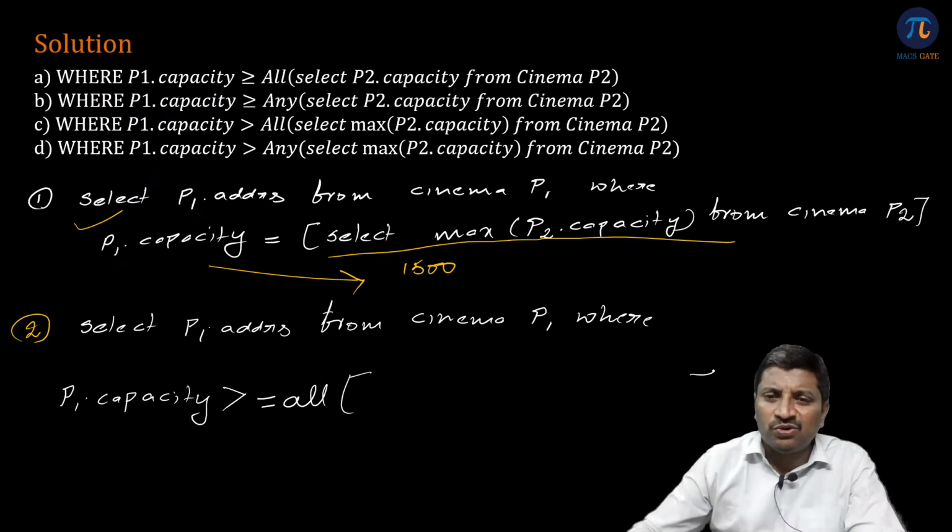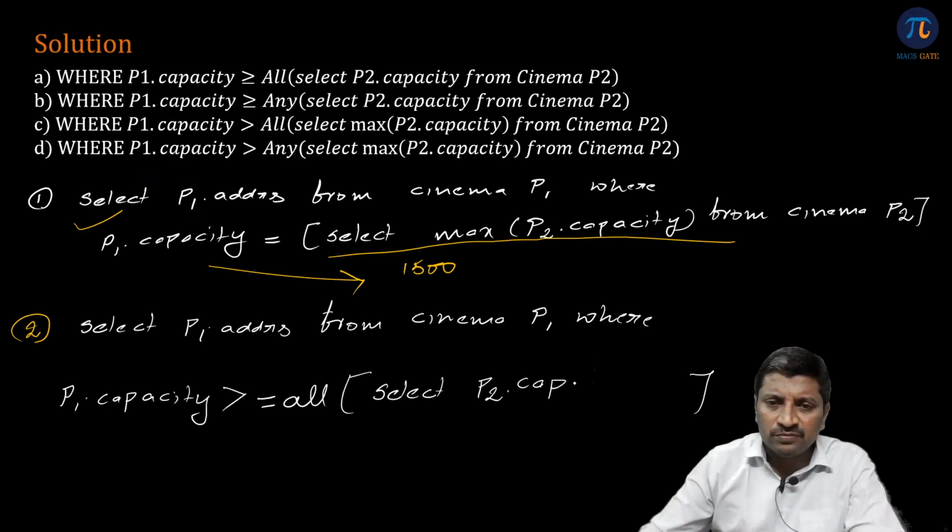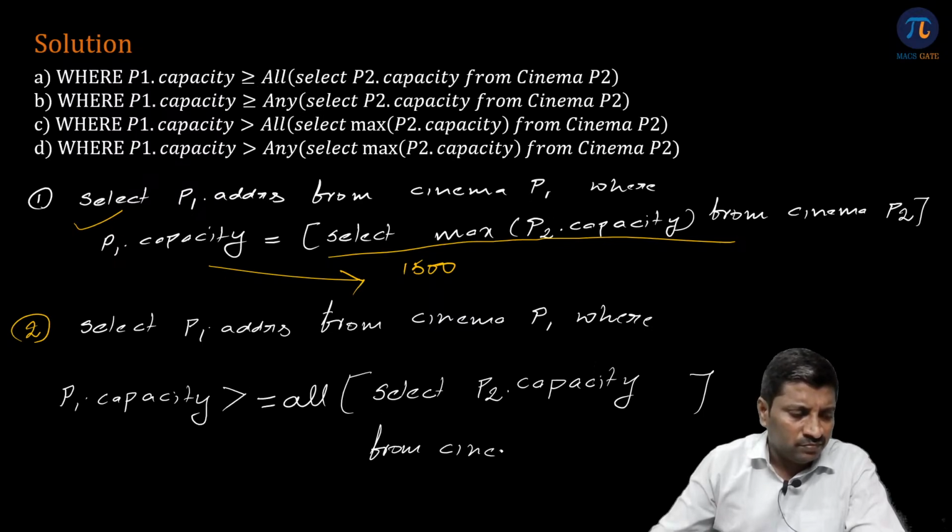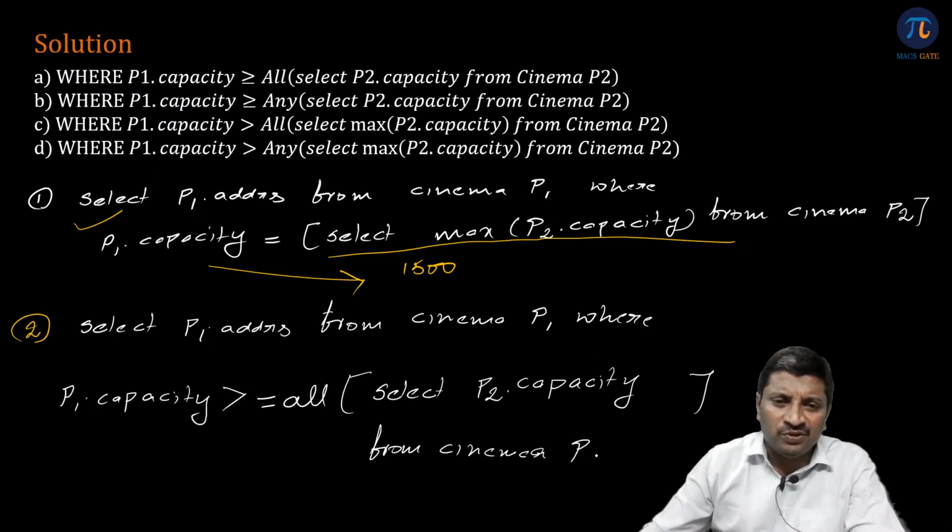Here I need to list out all the capacities. How to list out all the capacities? Select P2 capacity from cinema P2. That's it.